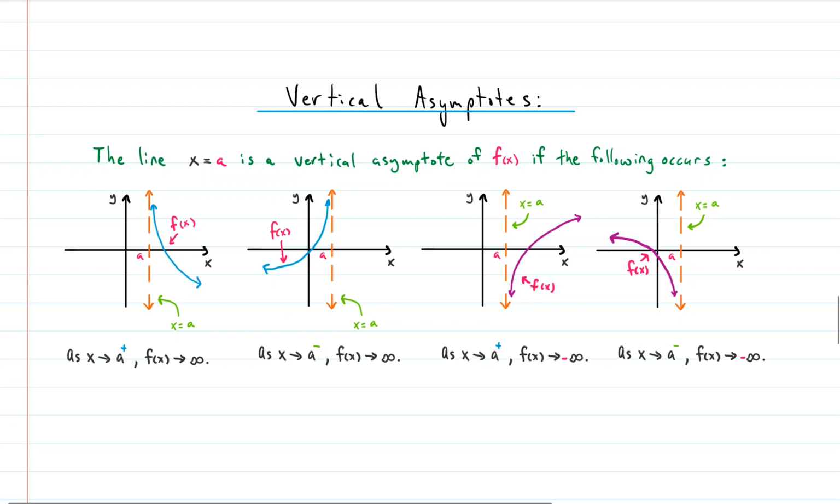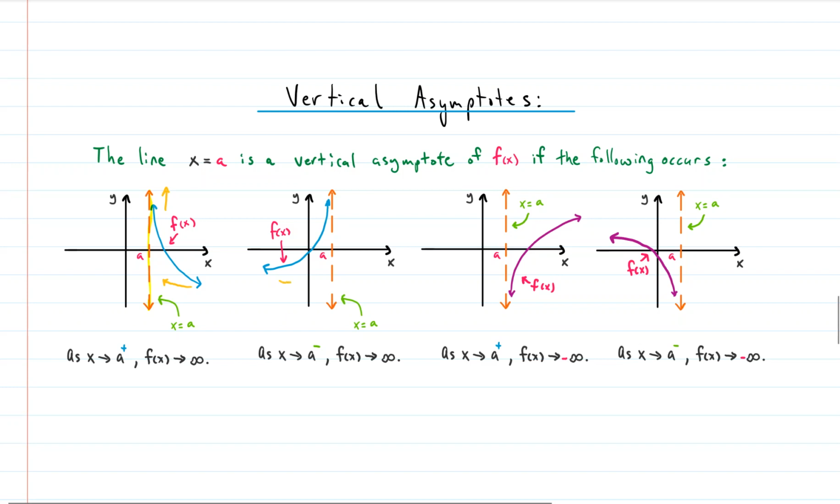If we have some vertical asymptote, which I have here as a dashed line, vertical line at A, as I'm moving to the left, getting closer to A from above, you can see the function is shooting up to positive infinity. If that happens, you have a vertical asymptote at x equals A.